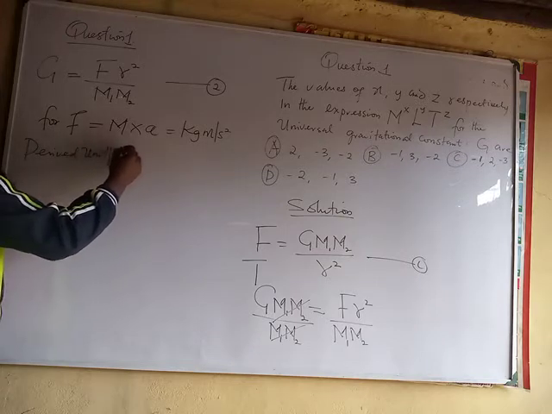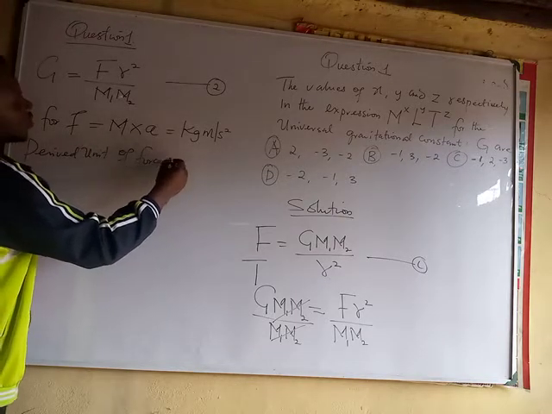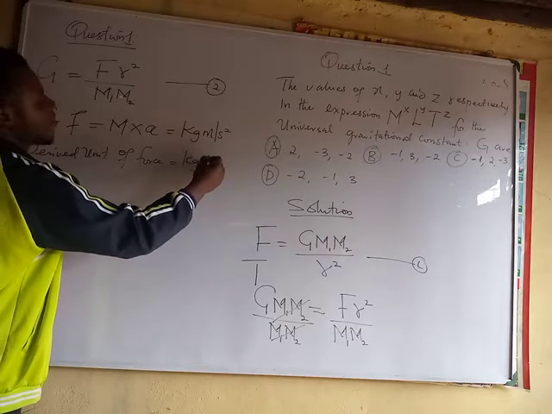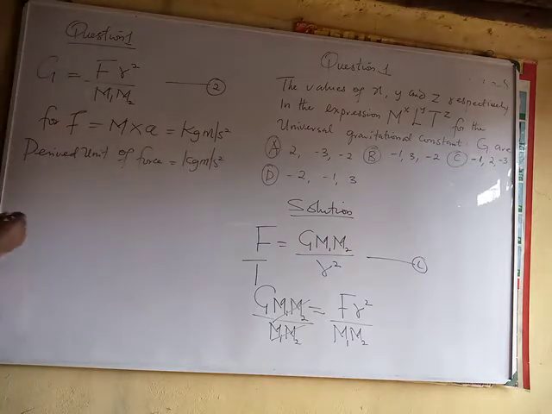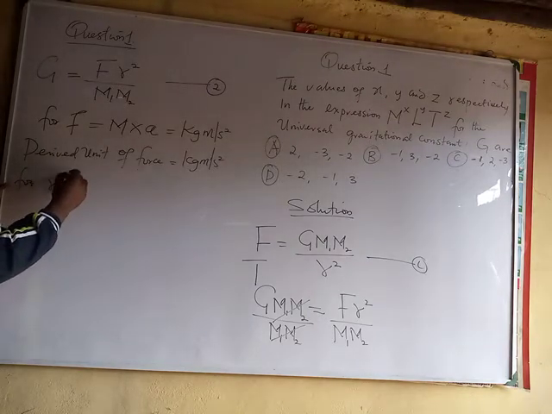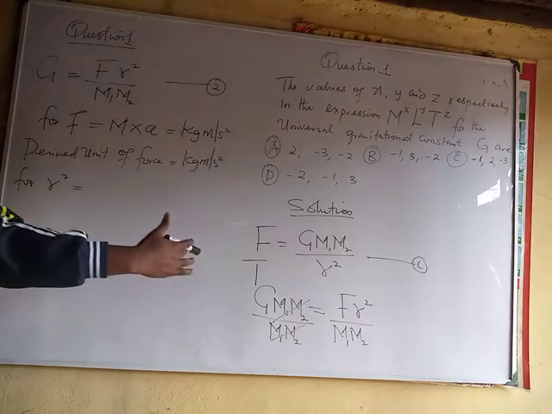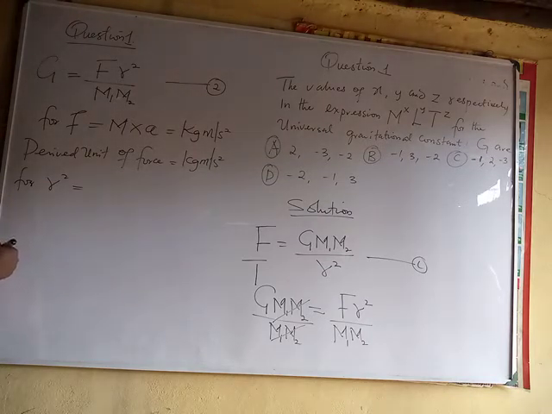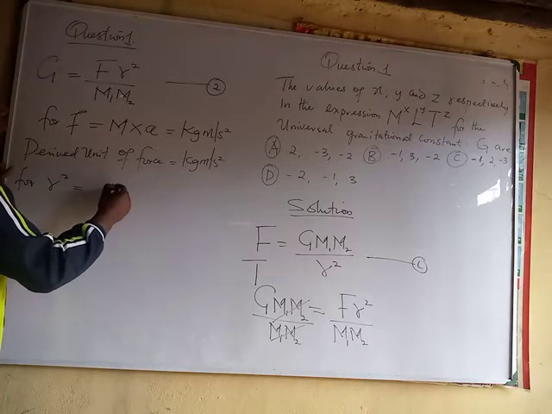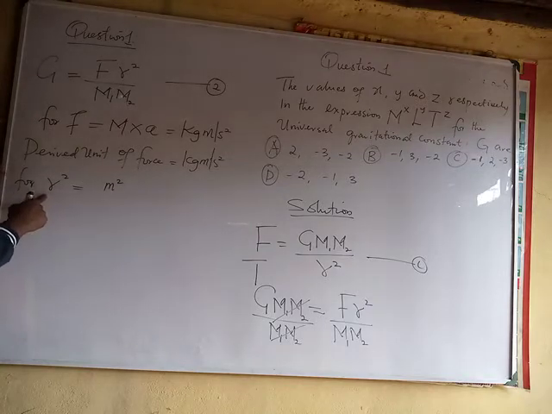So the dimension or the derived unit of force is equal to kg meter per second square. Now for r square, where r is the separation distance between the two objects, in that case this is meter square, because we are talking about distance.